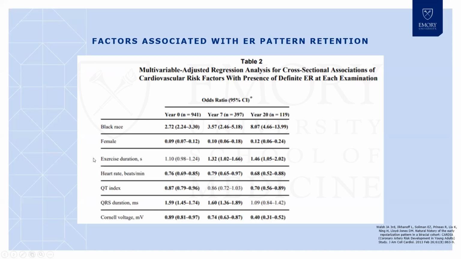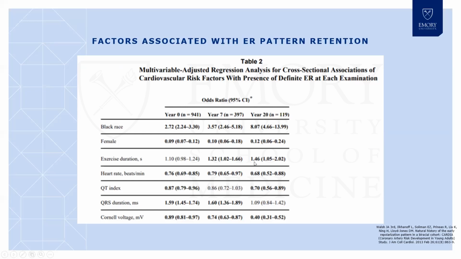And then they did a multivariable regression analysis to check for all the factors that were associated with the retention at year 20. So as we said, black race with an odds ratio of 8, females were less likely to retain early repolarization. So males were more likely to have early repolarization after 20 years.